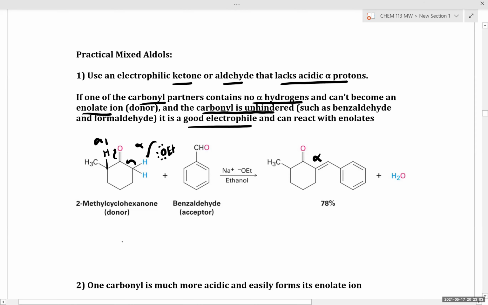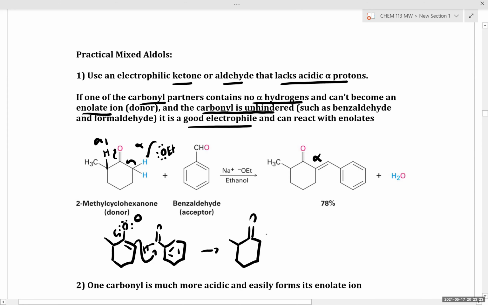That allows us to generate an enolate, which from there can attack our electrophile, which in this case is benzaldehyde. Wonderful. So this gives us our beta hydroxy ketone.